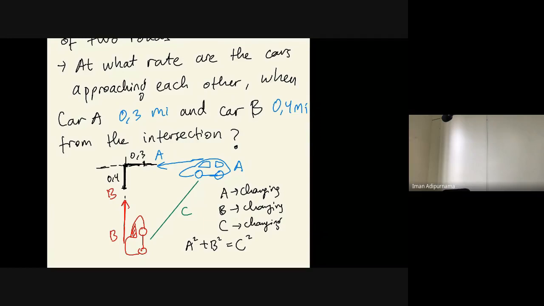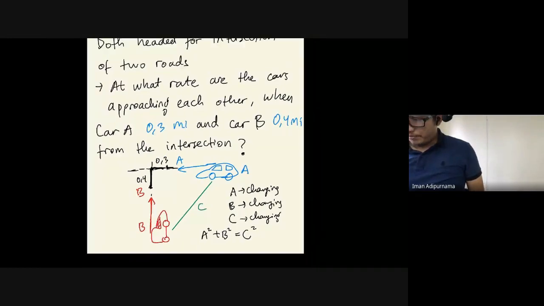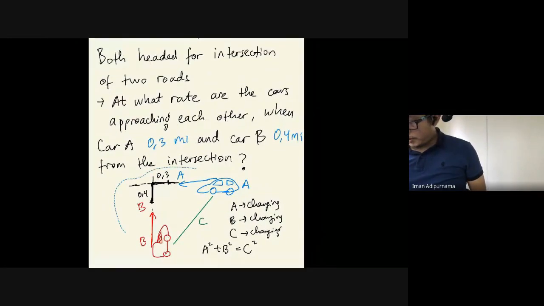So we are including C as our rate of change, to see whether we can solve when A is 0.3 and B is 0.4. So let me move this drawing.